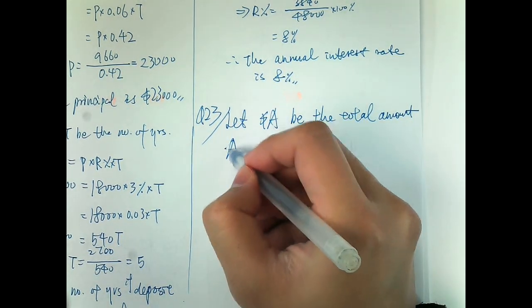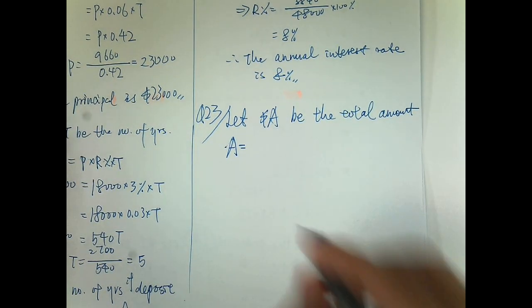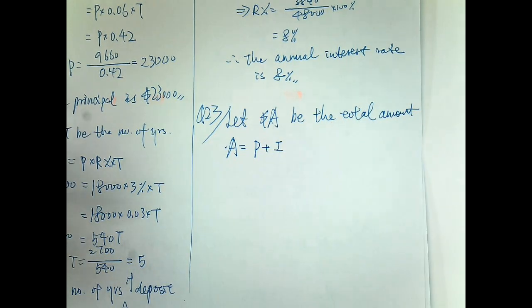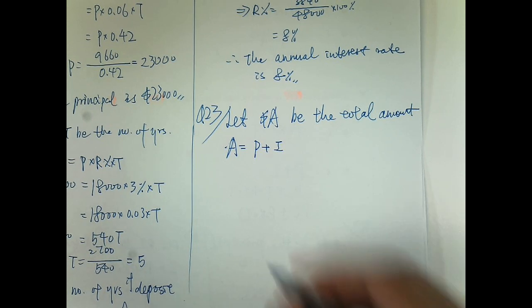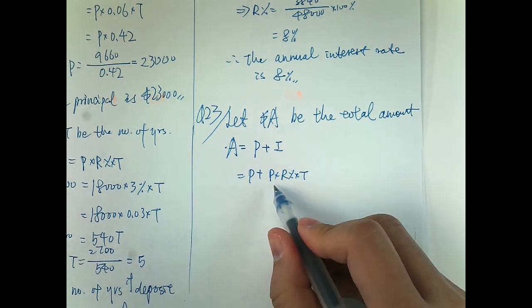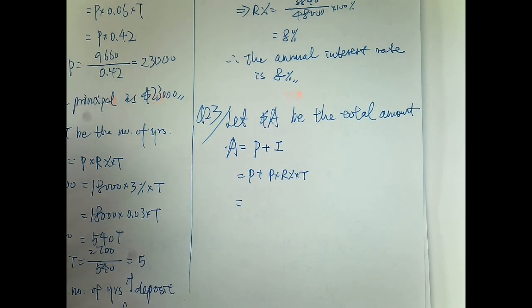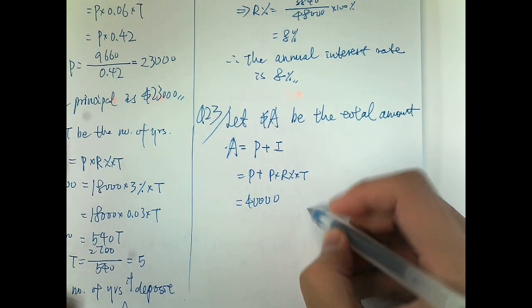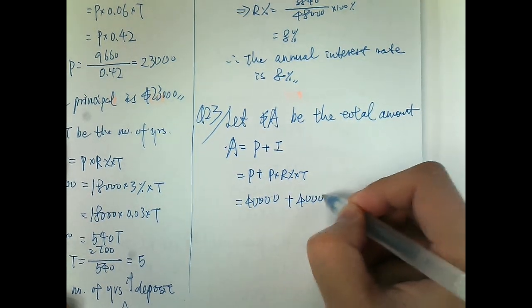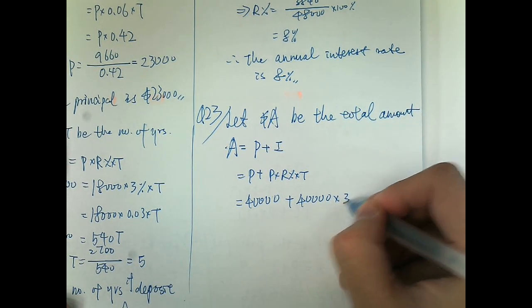So for the A formula, because you don't have I, right? You can write this first to look for the I, but you don't have the I, right? If you don't have the I, you make the I like this, okay? Use the I formula here, understand? So at this moment, you can go to find the numbers. P is 40,000, all right? And then 40,000 again, times R percent is 3%, right?